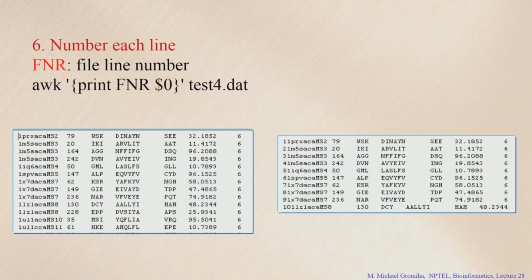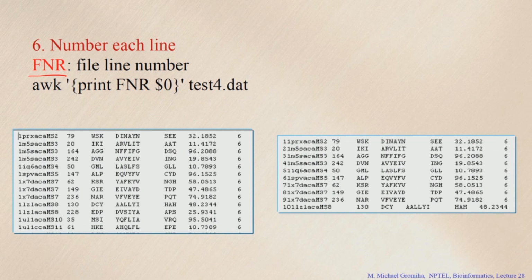Okay, the next question: I have a file and I want to number each line. What do we have to do? Here we use FNR, which gives the file line number for each line.